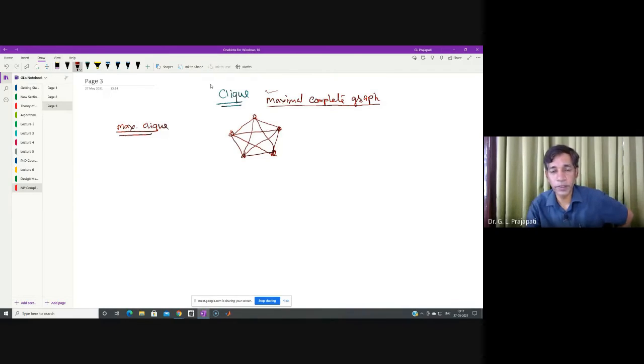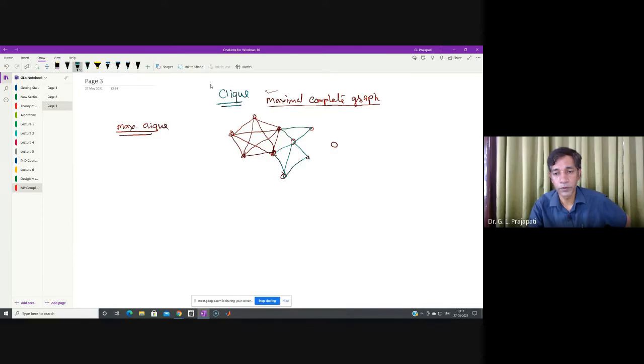Like if you consider this graph, this is a clique of size 5 because every node is adjacent to every other. If you extend this graph, you may have more nodes like this, and you may have edges like this, no problem.